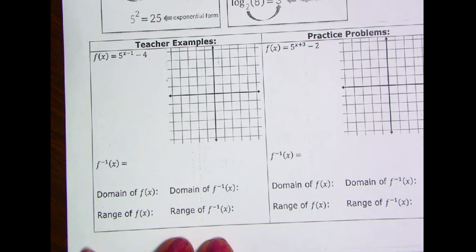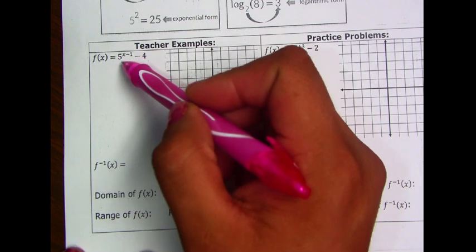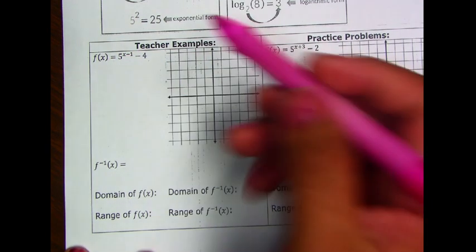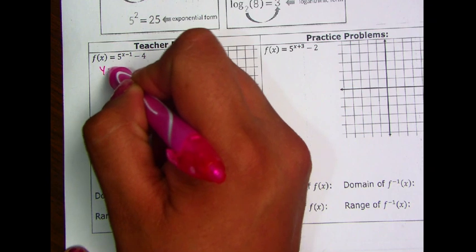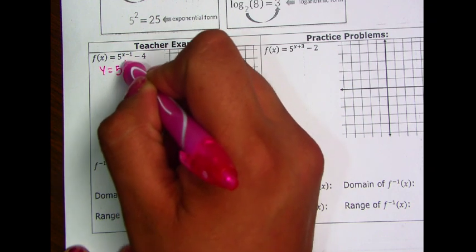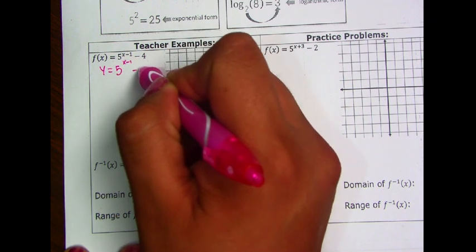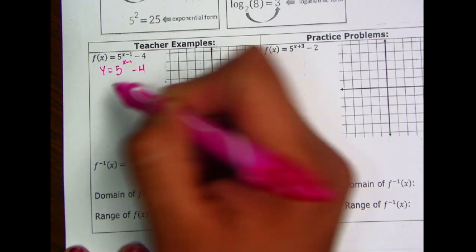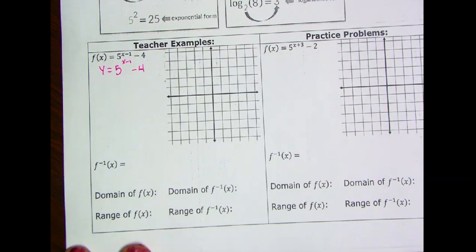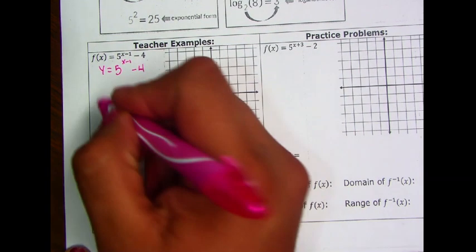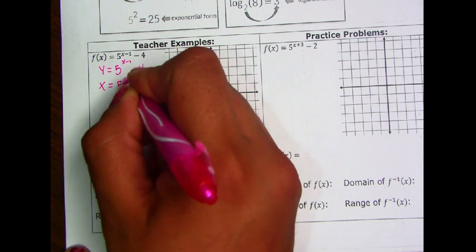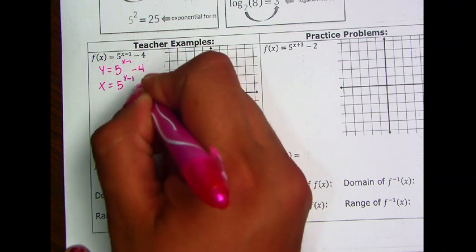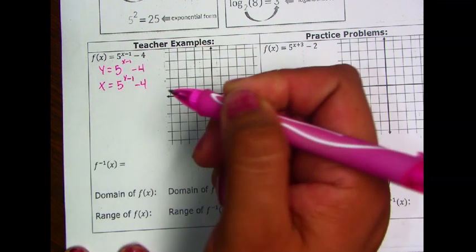So the first example here is the function f of x equals 5 to the power of x minus 1, minus 4. We're going to start by rewriting this as y equals 5 to the power of x minus 1, minus 4. And then we're going to do the inverse, which means we replace the letters: y turns into an x, and the x becomes y. So x equals 5 to the power of y minus 1, minus 4.